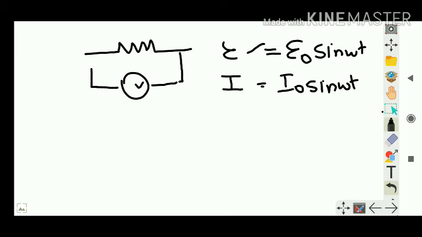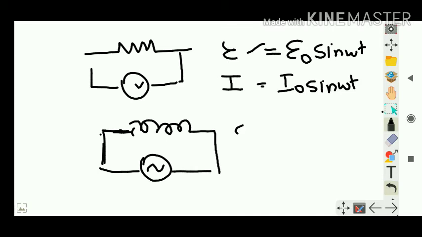Now, these were the common things which we learned regarding the resistor, and we start with the inductor circuit. That is, what happens if I replace the resistance with an inductor and the same AC supply, so that the EMF we have provided as an input is E naught sine omega t itself.